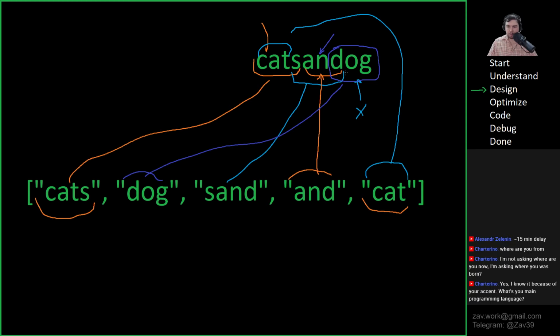So what is the complexity of this approach of trying every possibility? Let's calculate it.